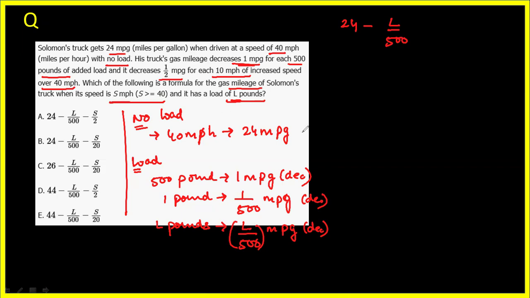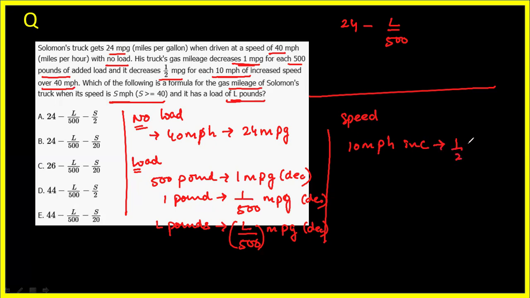Now there is the speed. According to the question, what does it say? When the speed was 40 miles per hour, the mileage was 24. Now the speed is increased. With each 10 miles per hour increase in speed, the mileage decreases by 1/2 mile per gallon.